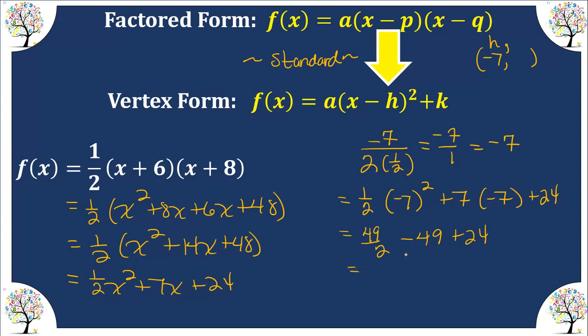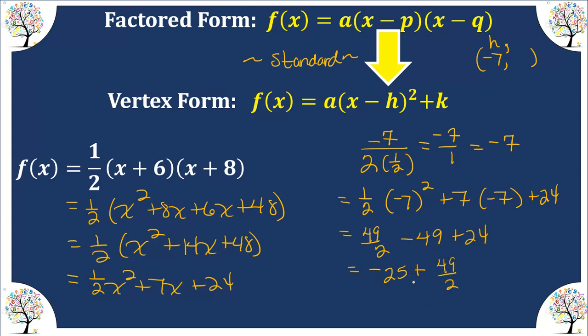So I'm going to go ahead and combine these, and then I will worry about the fraction here. So when we have negative 49 and 24, that's going to be 25 plus 49 over 2.